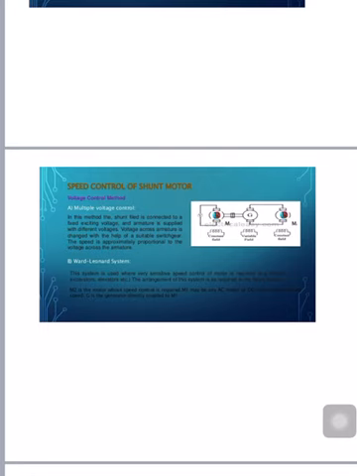When the output voltage of the generator is fed to the motor, the motor starts to rotate, and when the output voltage of the generator varies, the speed of the motor also varies. So by controlling the output voltage of the generator, the speed of the motor can be controlled.